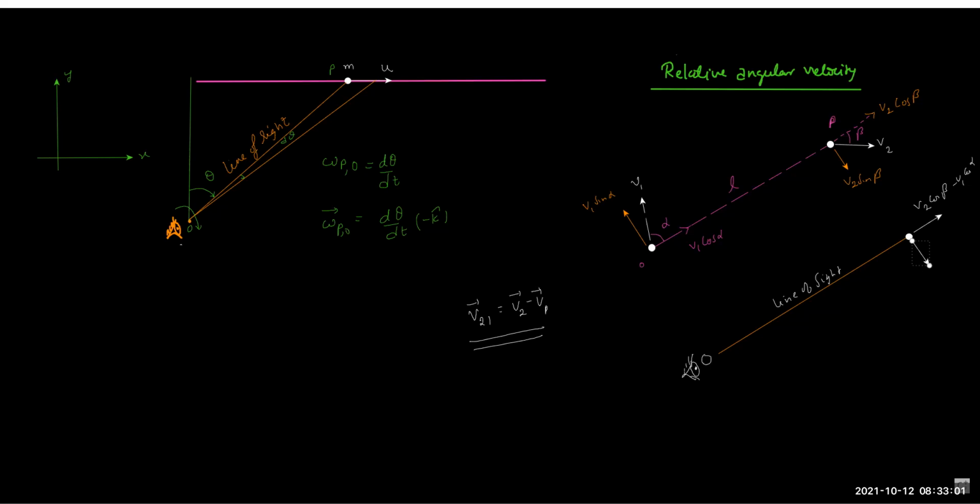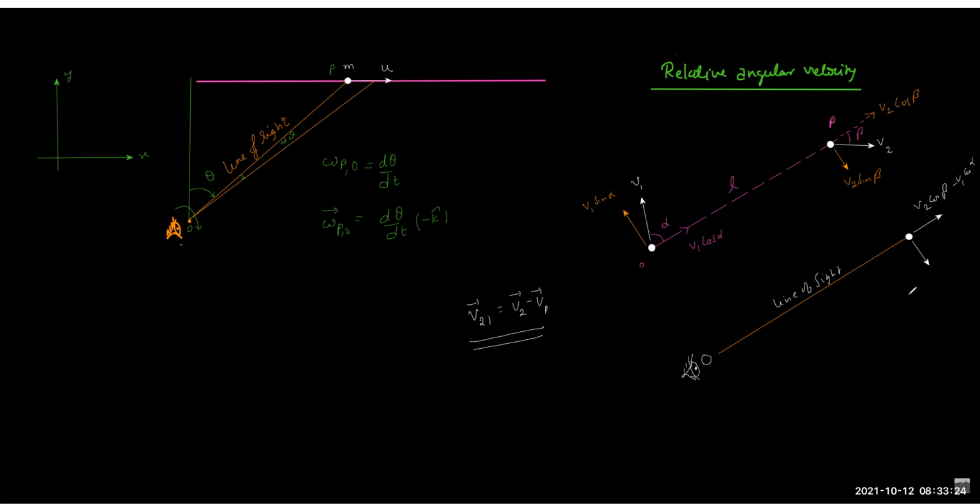If we come back here, I can take either this way or that way. So I'm taking this way. What is the relative velocity in the perpendicular direction? The V2 sin beta will already be there, but the V1 sin alpha will be added on the opposite side to its direction. So it will add up this way.